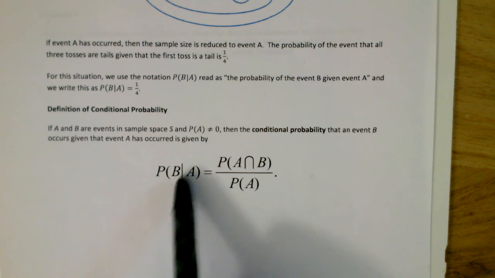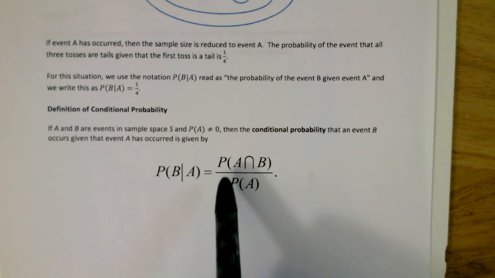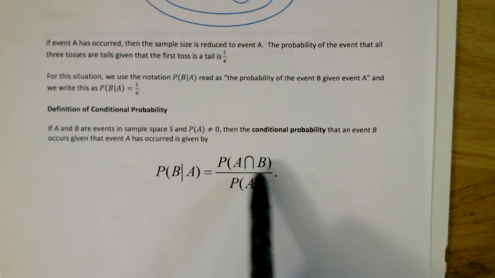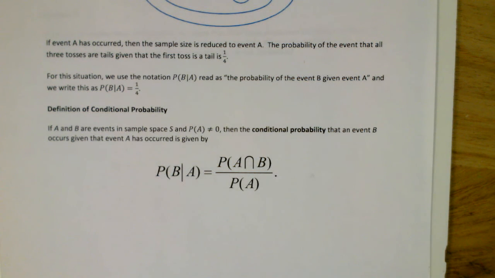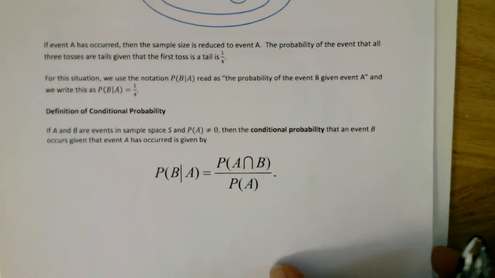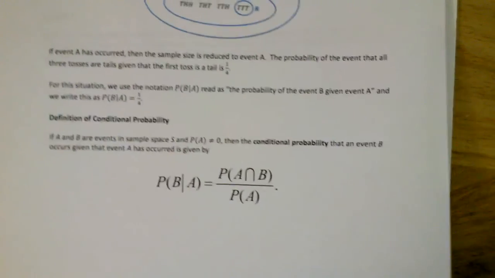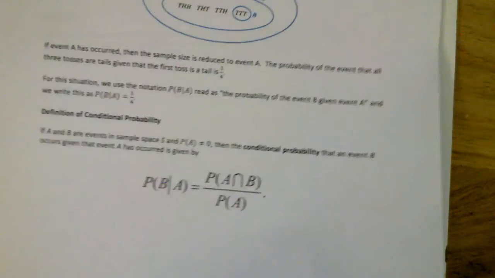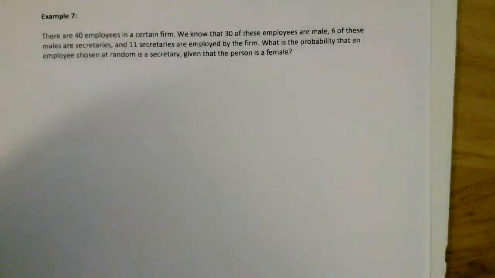The probability of B given A is the probability of the intersection of A and B divided by the probability of event A. Okay. Now, we're going to use what I talked about with you intuitively with this example.